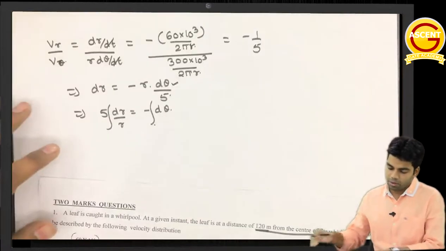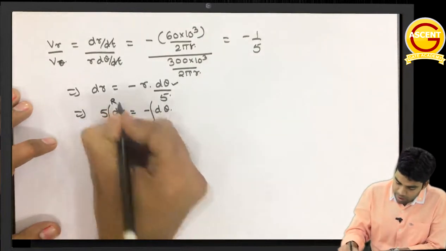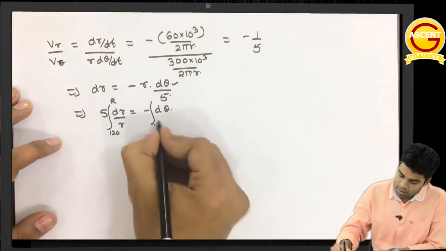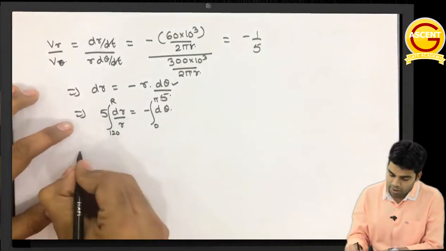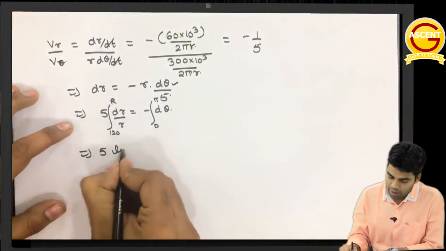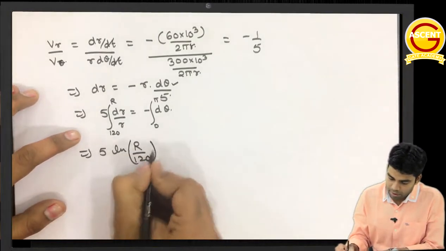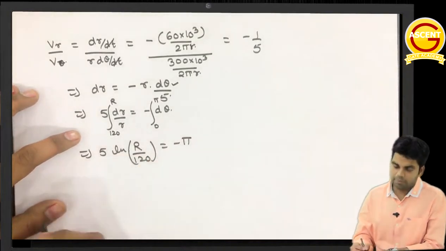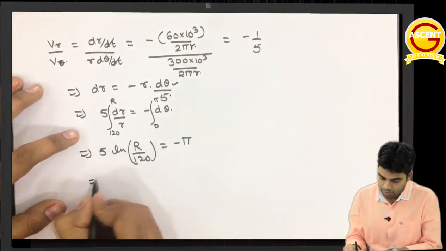Just put the limits: r from 120 to R, and theta from 0 to pi, half a revolution. Now this can be written as 5 ln of R by 120, just putting the limits, is equal to minus pi. Clear? Now from here we will get what?